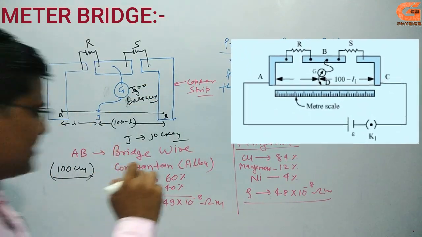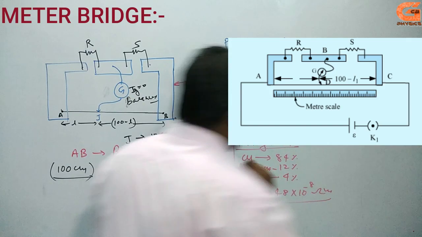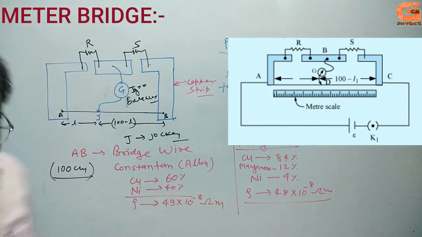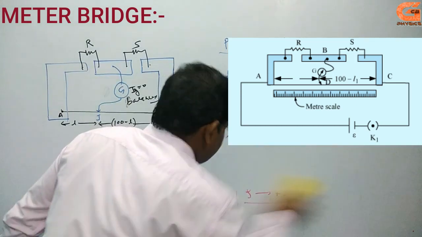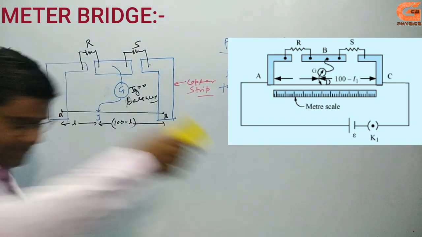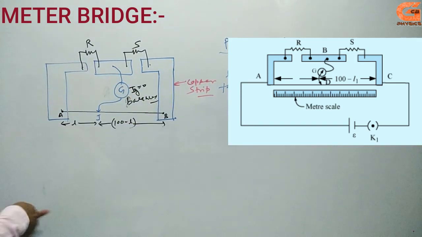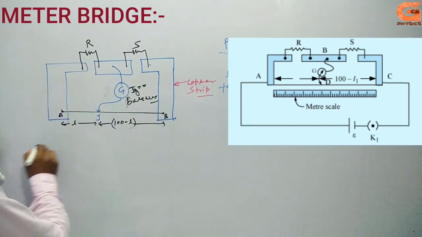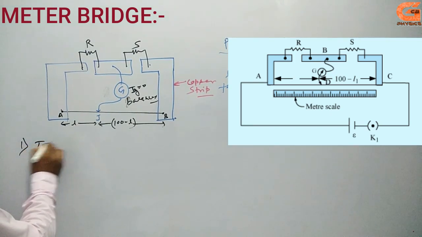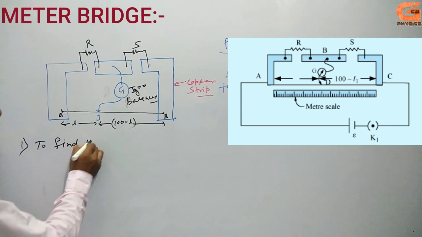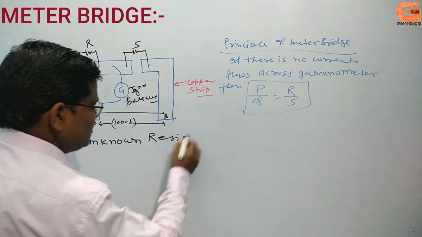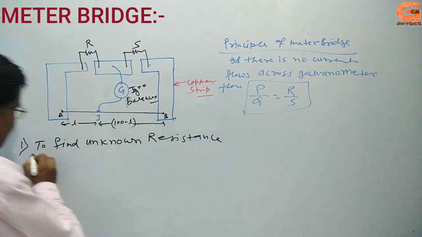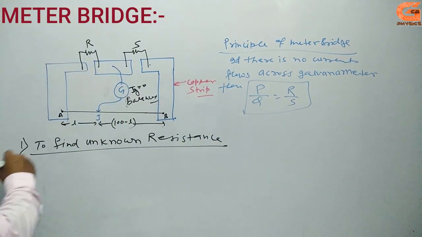The first application of the meter bridge is to find the unknown resistance. How is it obtained?